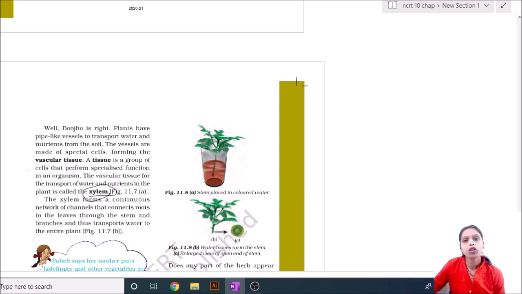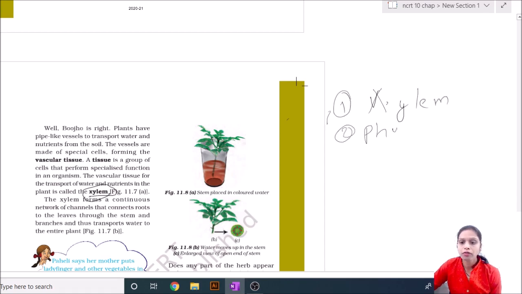You know that plants synthesize their food by themselves through the process of photosynthesis, and phloem transports the food components throughout the plant. Two types of vessel tubes are present in a plant. The first is xylem and the second is phloem.